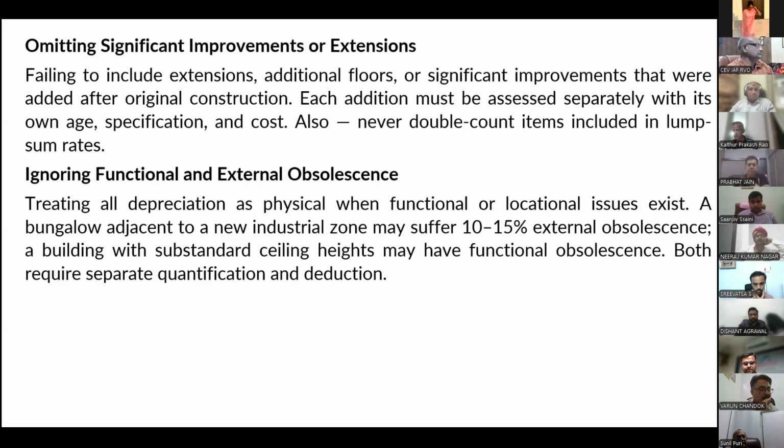When you have to defend your value, this is a thing where many times we ignore functional and external obsolescence, which may be much higher in certain cases, especially external obsolescence.